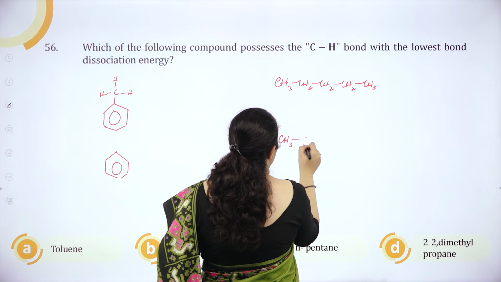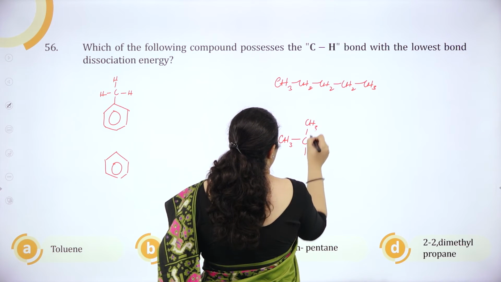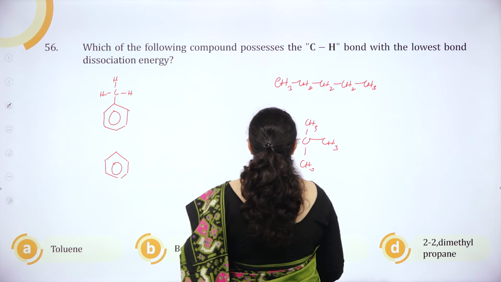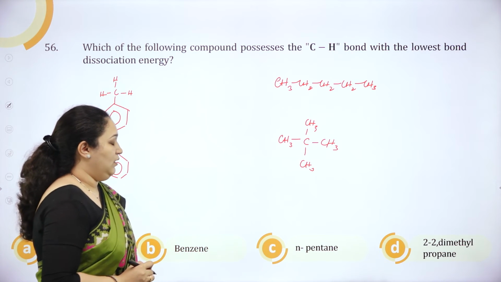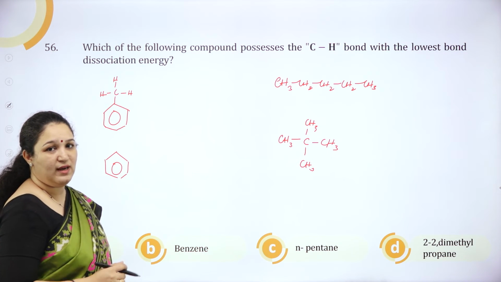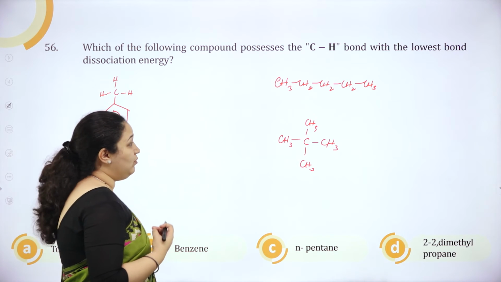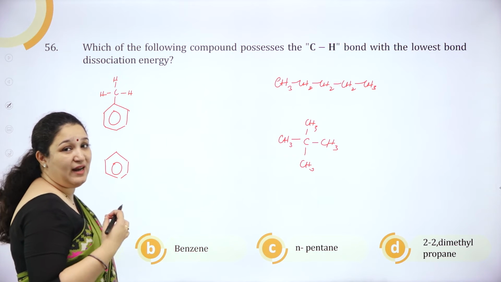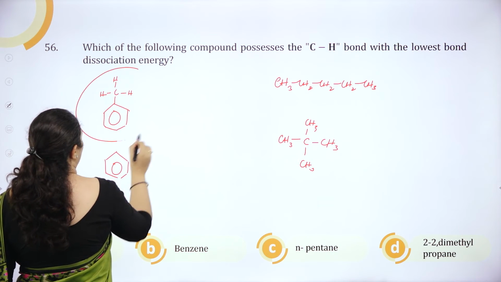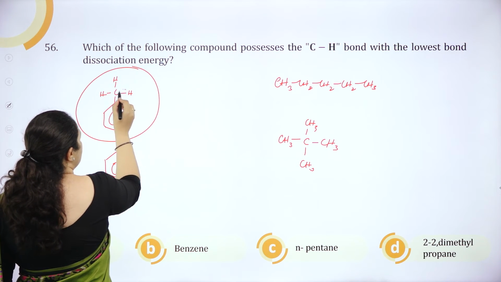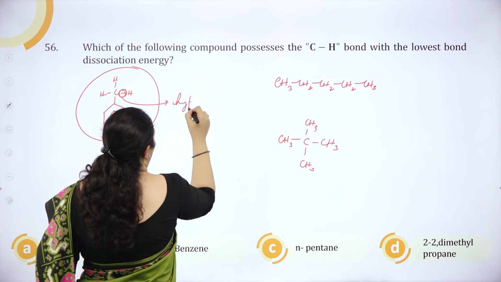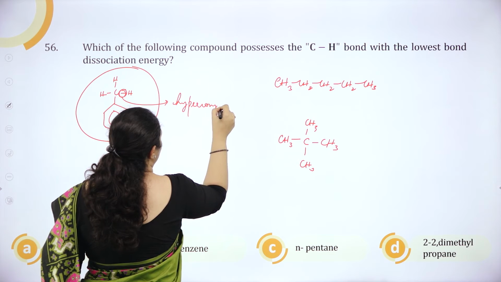So you have CH3, C, CH3, CH3, CH3. Now here, where is the carbon-hydrogen bond easy to break? If you carefully see, the carbon-hydrogen bond is easy to break in this particular option. Why? Because this one will be involved in hyperconjugation.